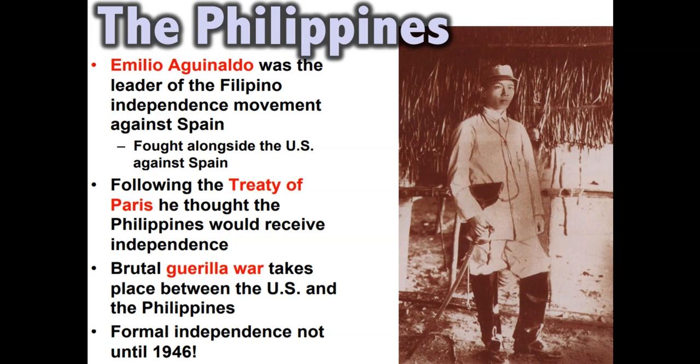A brutal guerrilla war takes place between the U.S. and the Philippines. This is a sad story because you have Emilio Aguinaldo fighting against Spain alongside the United States, thinking that the Philippines were going to be free and liberated, but it was not the case, because as soon as Spain was defeated, the United States actually fully controlled the Philippines.